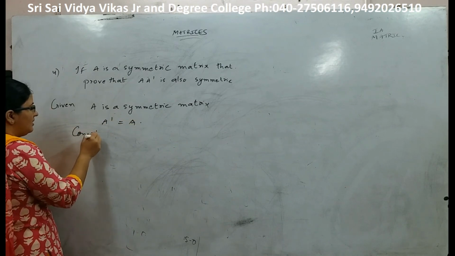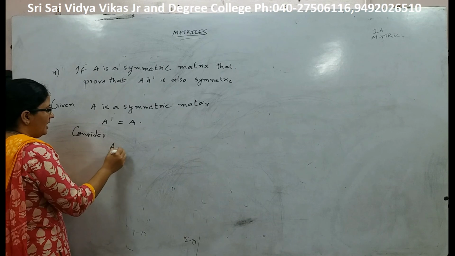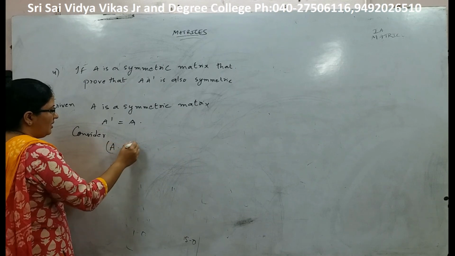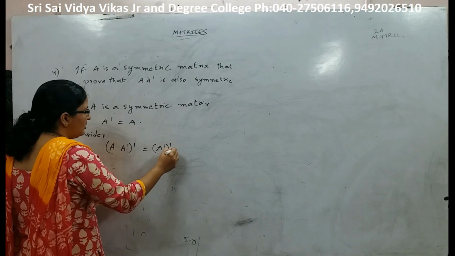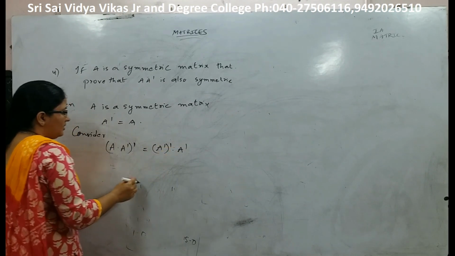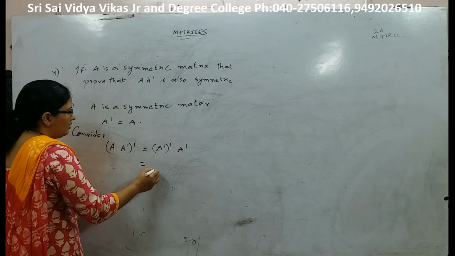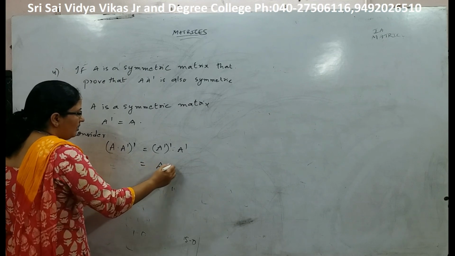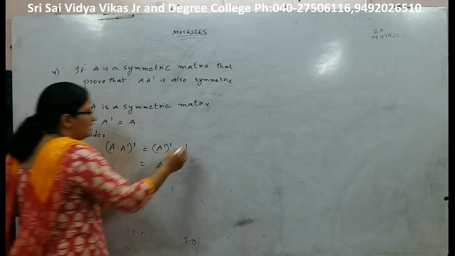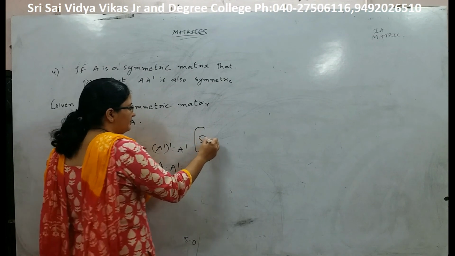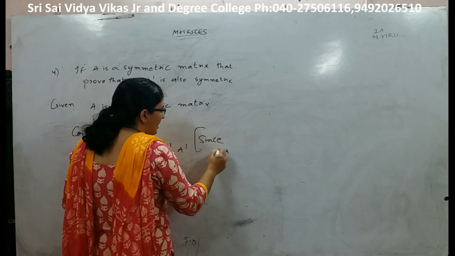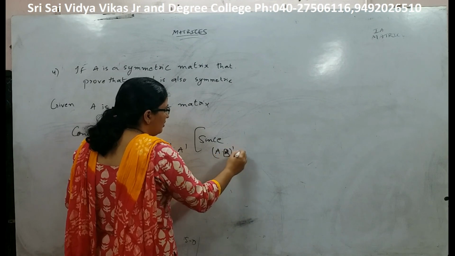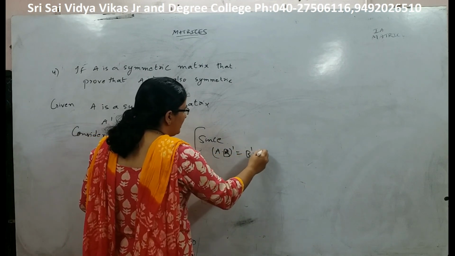Consider A transpose whole transpose, that is equal to A transpose whole transpose into A transpose, that is equal to A into A transpose, since (BA) transpose is equal to A transpose B transpose.